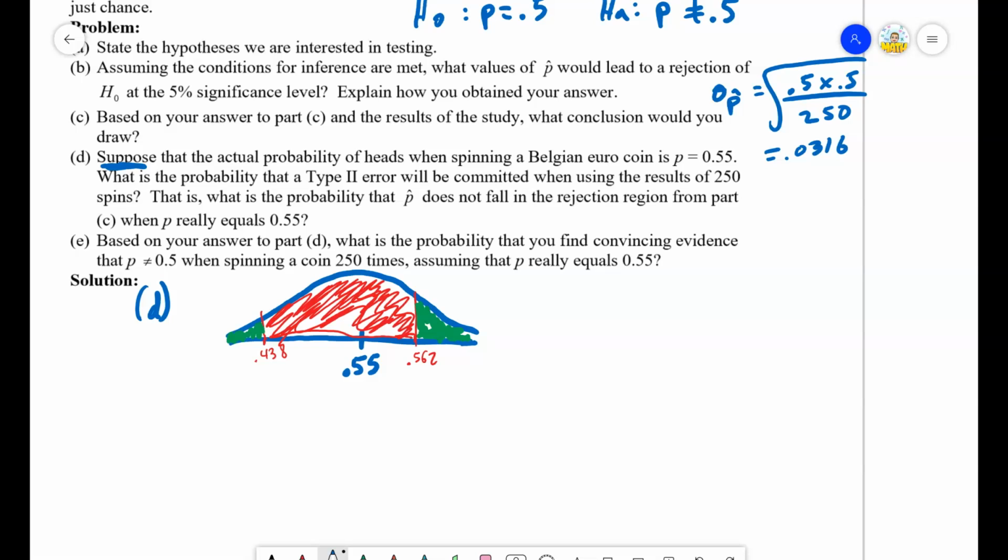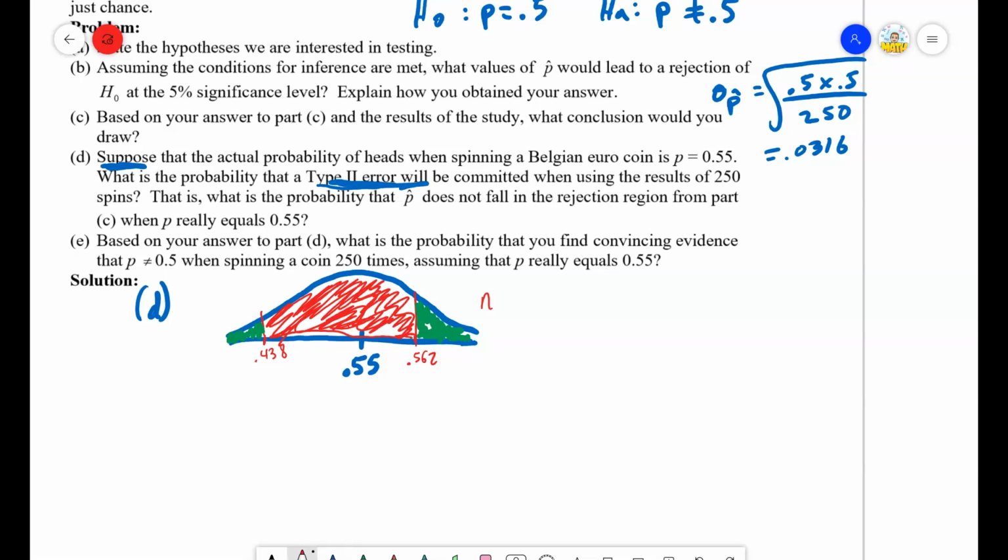Our null hypothesis is that it equals 0.5 when it actually equals 0.55. So the correct decision is going to be reject the null. It's like we have a guilty defendant. So the correct decision is to find them guilty and reject their claim of innocence. Well, we're only going to do that in this green area, right? So the probability that a type 2 error will be committed is my red area down here.